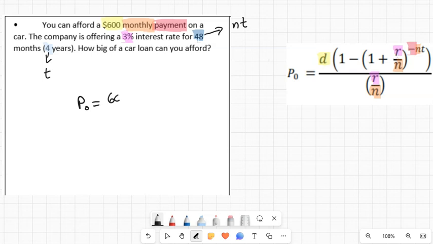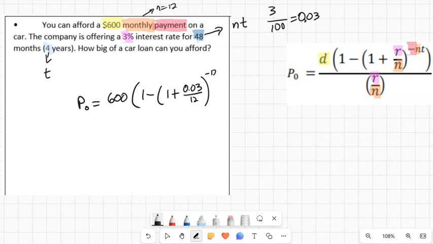All right, so P sub 0 equals D, that's 600, parenthesis, 1 minus, parenthesis, 1 plus R. Now for R, we have to take our 3%, and the percent sign changes to divide by 100, 0.03, over N, and N was monthly, N equals 12, to the negative N times T, 12 times 4. So here, N and T separately, 12 times 4 is 48.